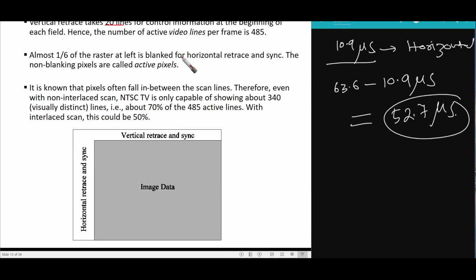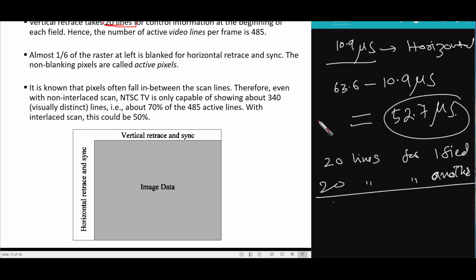If we lose those, then in total we actually lose 40 lines, right? 20 lines for one field and 20 lines for another field, because a frame has two fields.